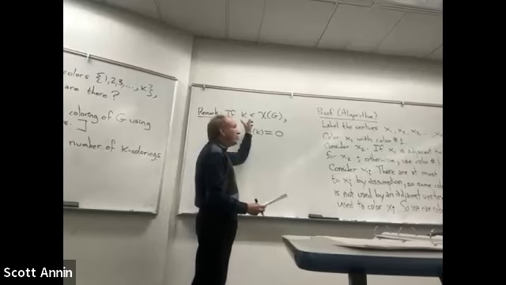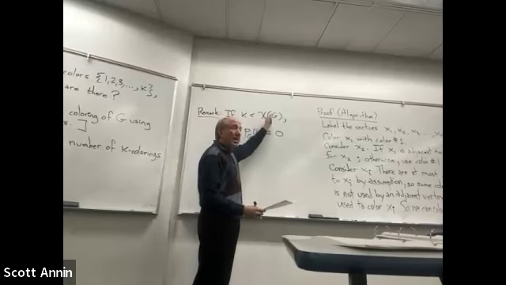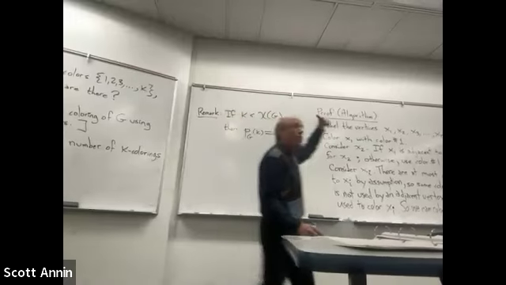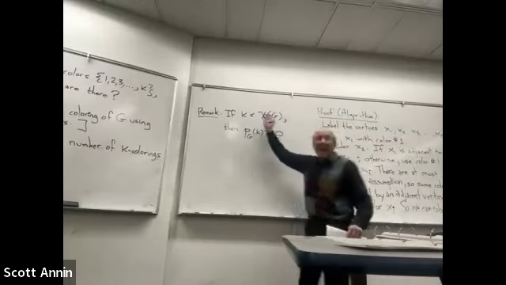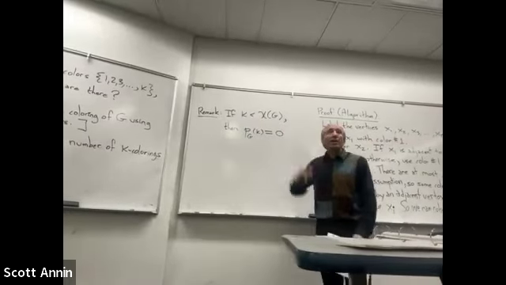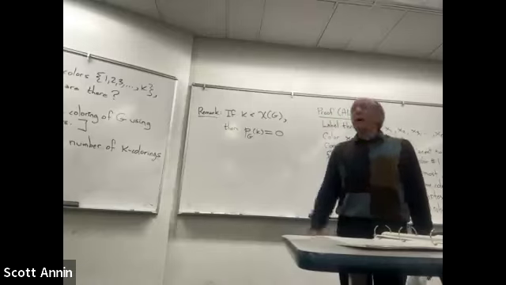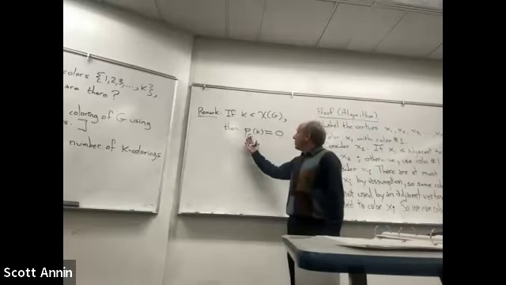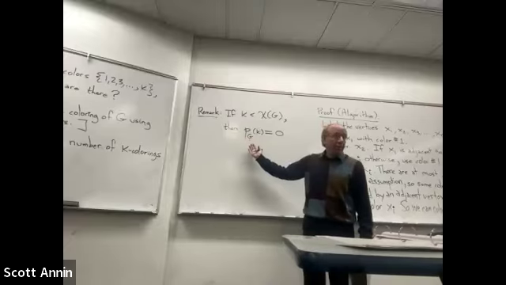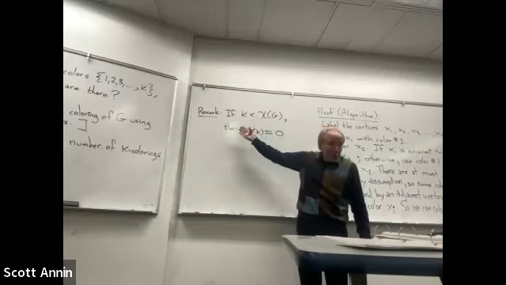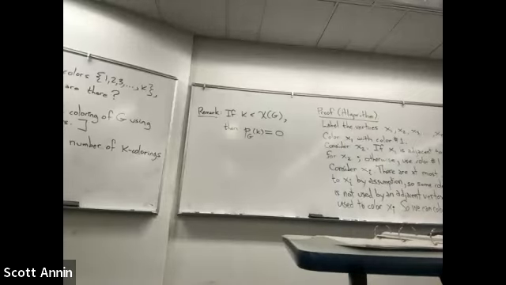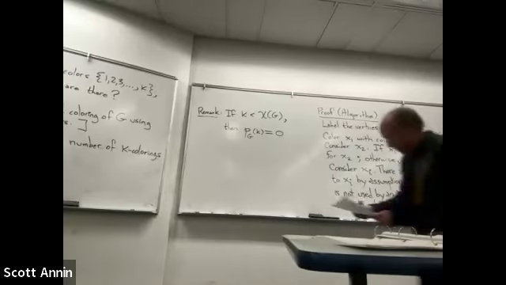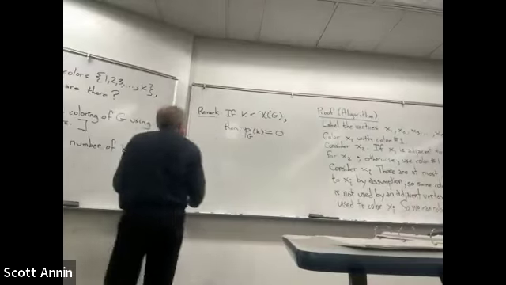Remember, the chromatic number is the least number of colors you could use to color the graph. If I give you even fewer colors than that, you cannot color it. Like the complete graph K5: if I only give you 4 colors, you won't be able to color it. You would need at least 5 colors. So I think that at least makes sense.